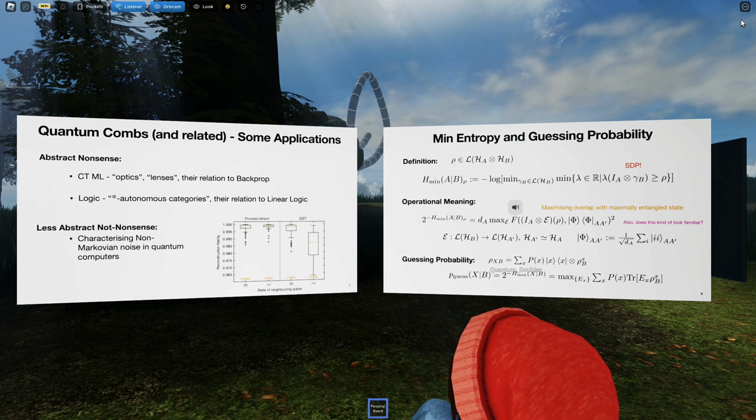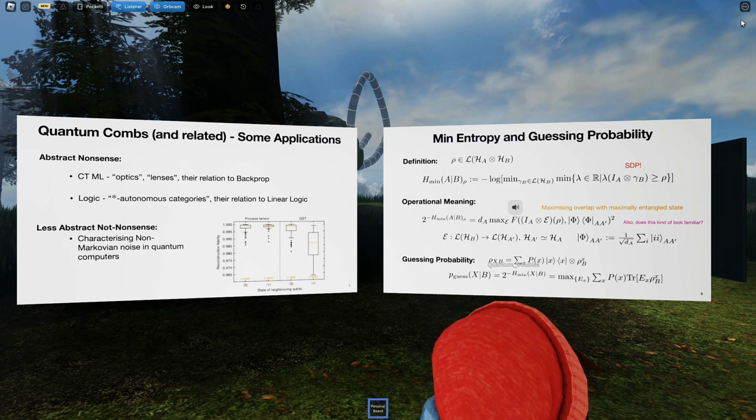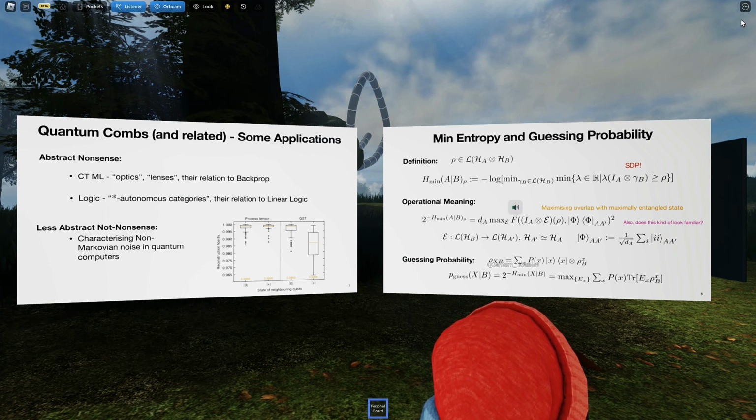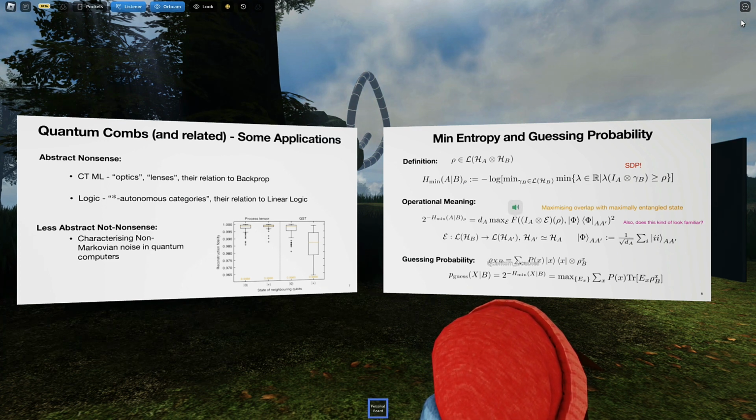So if you look at rho xb here, we have this classical variable x, with p of x, |x><x|, and some quantum state that depends on x, one for each x. And we're trying to figure out the value of x. The min entropy says how much certainty can I have about the value of x?